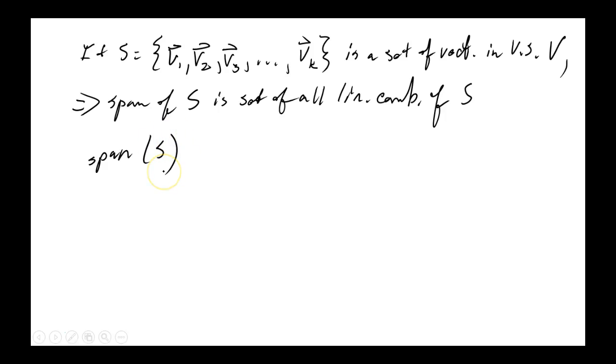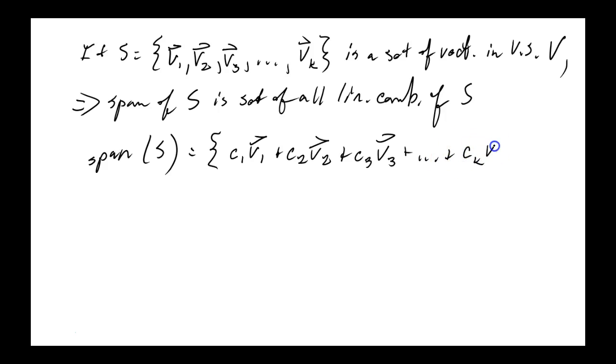Span of S is equal to the set of all possible linear combinations C1 V1 plus C2 V2 plus C3 V3 plus dot, dot, dot plus C sub K V sub K. Set of all those, and these, of course, the C1, C2, C3, up to and including C sub K are real numbers.